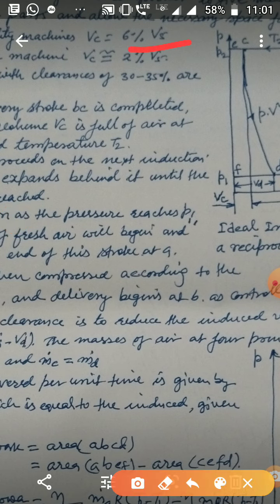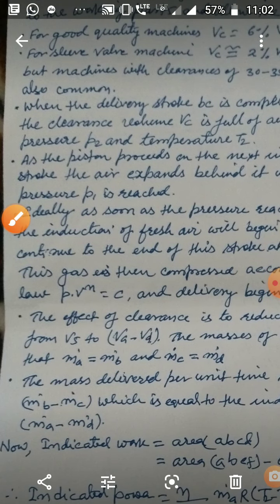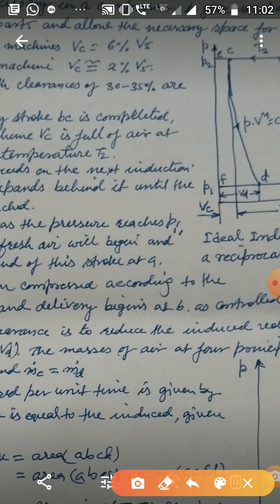But for slow type machines, the clearance volume is around 2% of the swept volume. Also, some machines are available with clearances of around 30 to 35%.